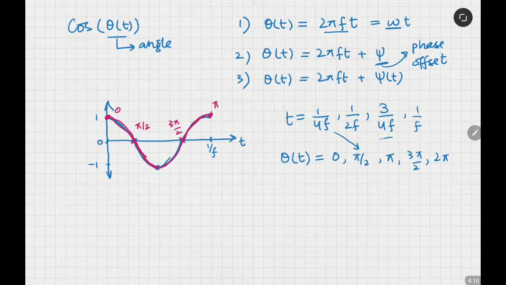Pi by 2 is not measured in meters or centimeters, but there's a direct analogy with distance and velocity.